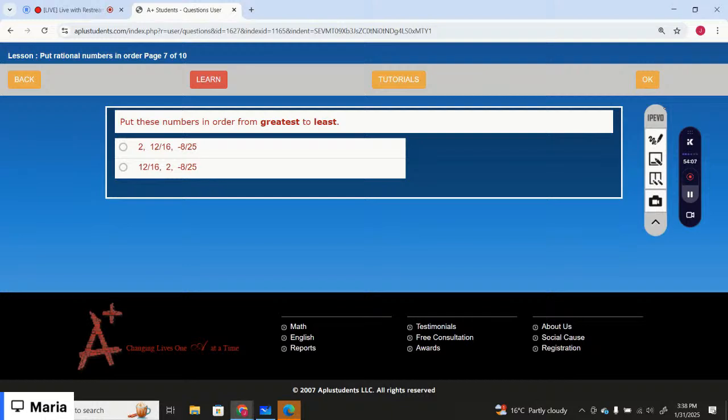Put these numbers in order from greatest to least. So which is the correct option? Option number one is the correct option.